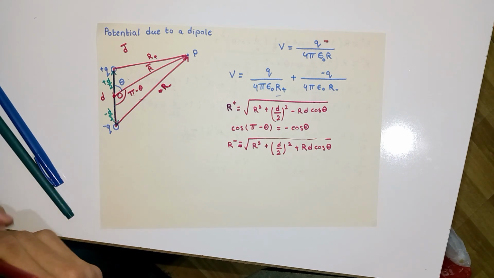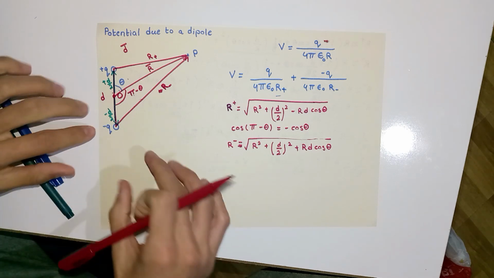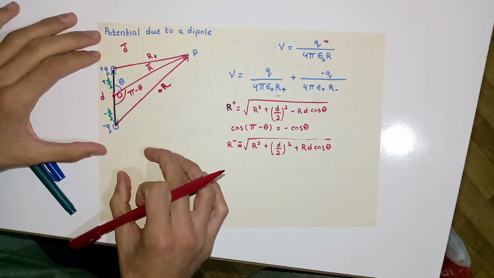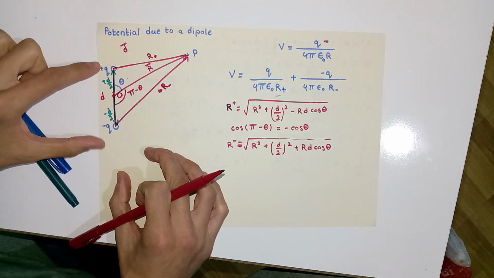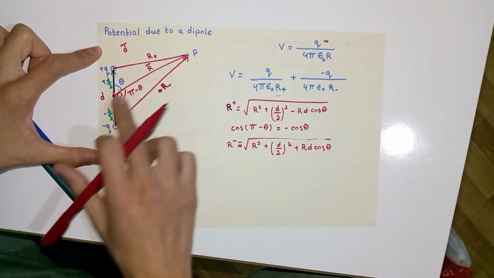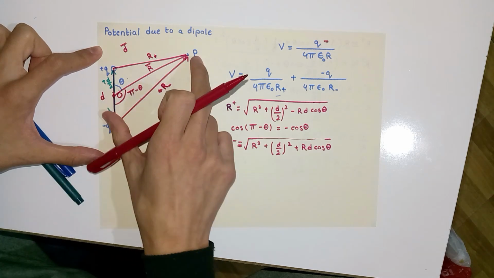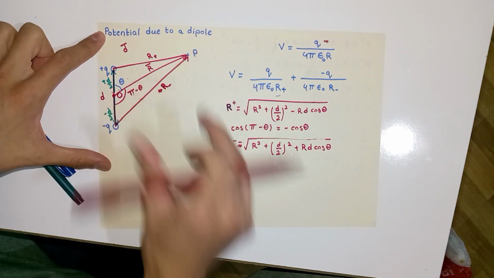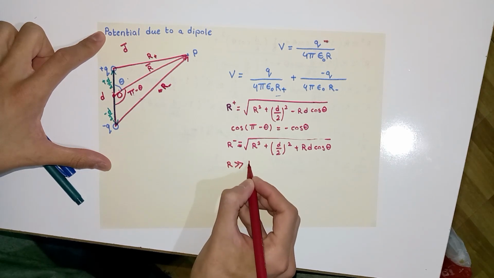Now we are going to apply an approximation. According to the fact that the length of the dipole, or the distance between these two opposite charges, is significantly small when we compare it to the distance between the origin, or the center of the dipole, and the point, or in other words, r is significantly larger than d.